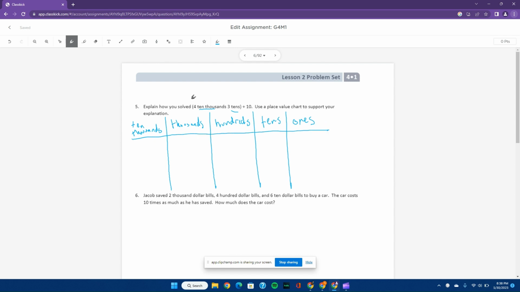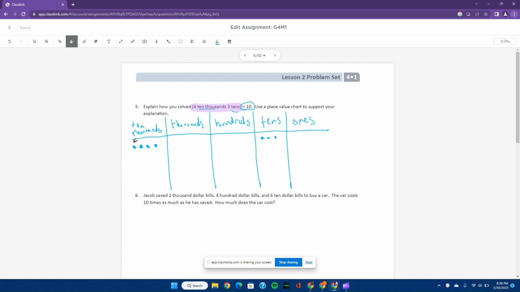All right, let's go ahead and put this that they provide us into the place value chart. So 4 10,000s means I need to show 4 here in my 10,000s place. And 3 10s. So 1, 2, 3 10s. And in this case, I am dividing by 10.